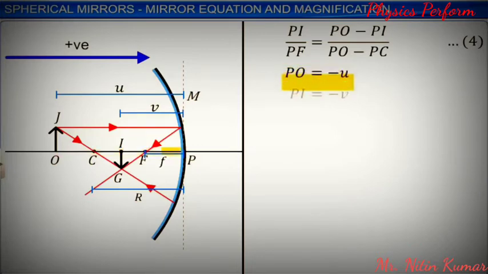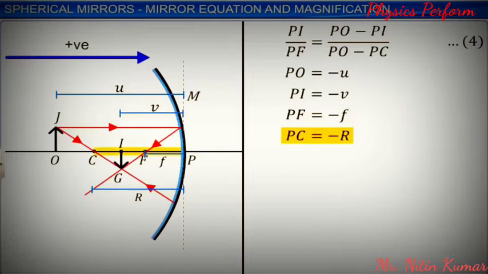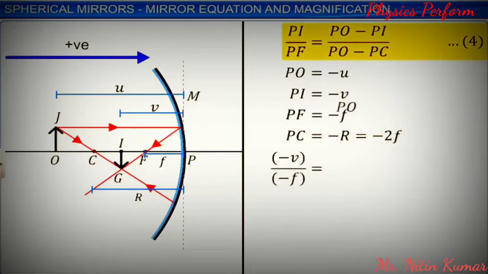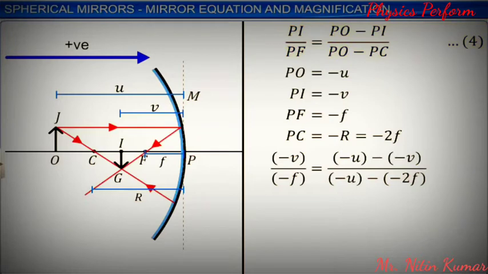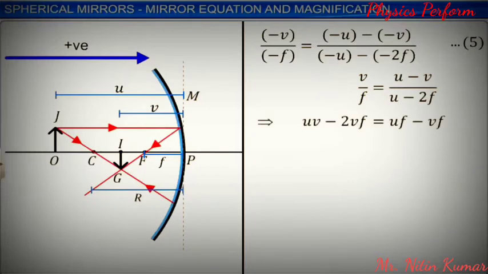On substituting these values in equation 4, we get equation 5. On further simplification, we get UV is equal to UF plus VF.